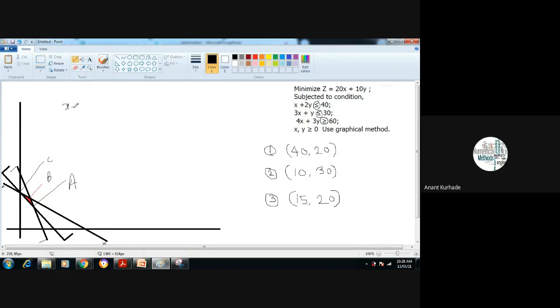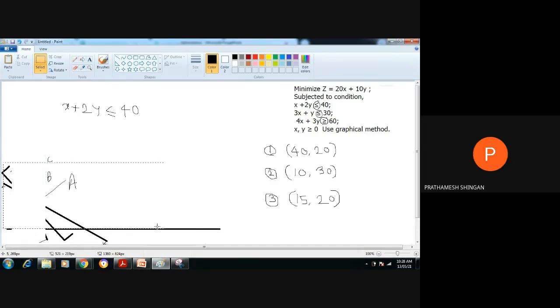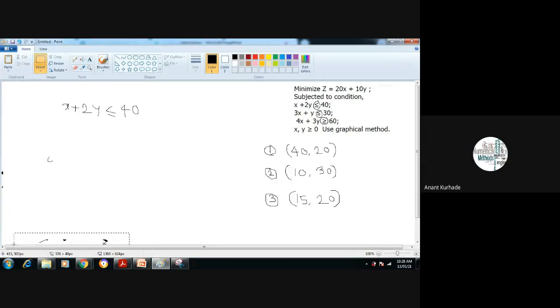This is a very important concept. I have written the first constraint x plus 2y less than or equal to 40, with the less than or equal to inequality.